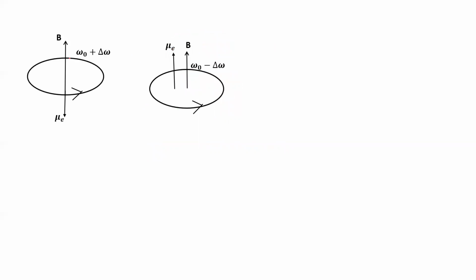So here I have shown that the applied magnetic field is applied in this direction, and if this orbital moment is in a downward direction, then this angular frequency will be added up, and if it is parallel, then its angular frequency will be decreased.